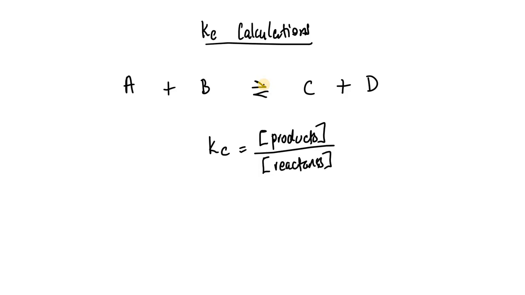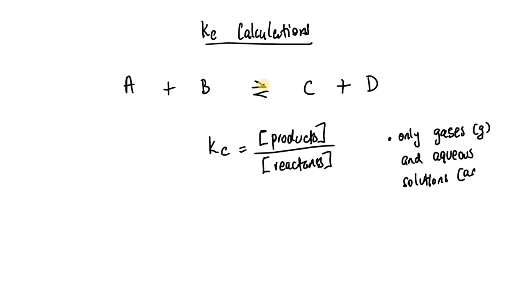Now recall that we said only gases, which you would see with the symbol G, and aqueous solutions, which you see with AQ, are used in the formula, or rather are substituted into the formula.